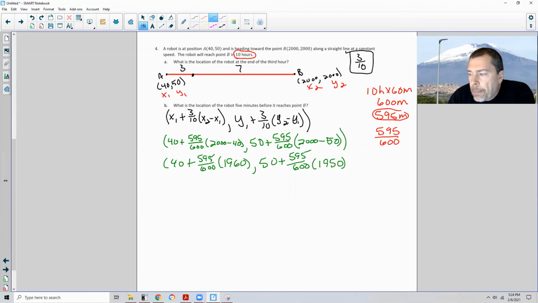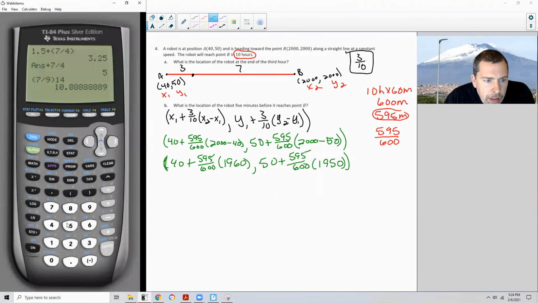Okay. Now we have to calculate this mess. So I'm going to use a calculator to do this just to save time. On, clear, order of operations. Actually, I can just do this. 40 plus, and then in parentheses, 595 divided by 600.